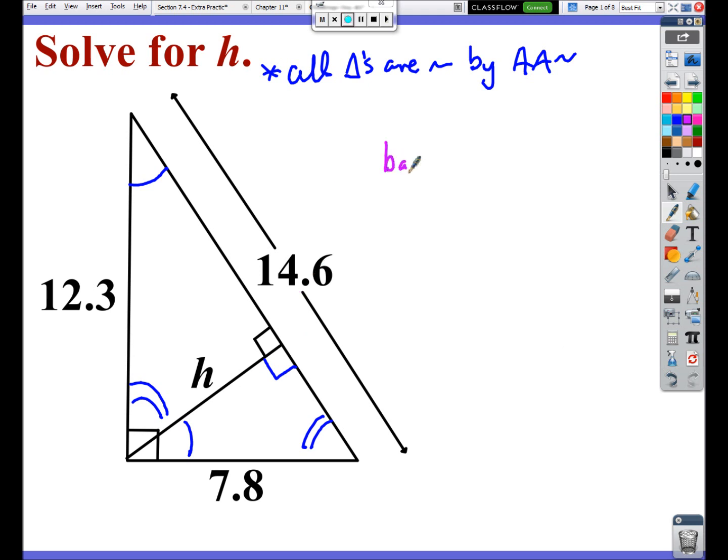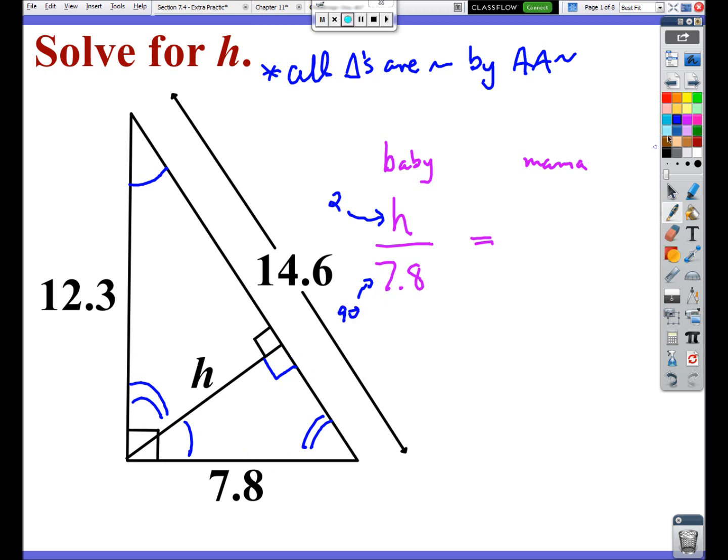So let's say we've got the baby triangle ratio. Let's go mama triangle ratio. And in the baby triangle, we know these two sides, the h and the 7.8. So if we set up a ratio, and I'll just start with the h first, because it doesn't matter for the first ratio. But if I were to label these, the h in the baby triangle is opposite the 2 arc marks, and the 7.8 is opposite the 90-degree angle.